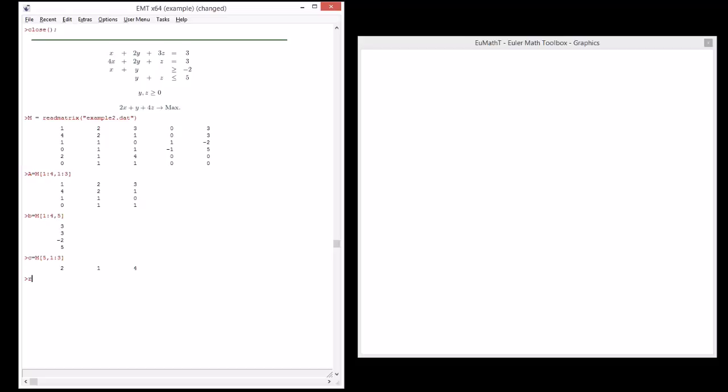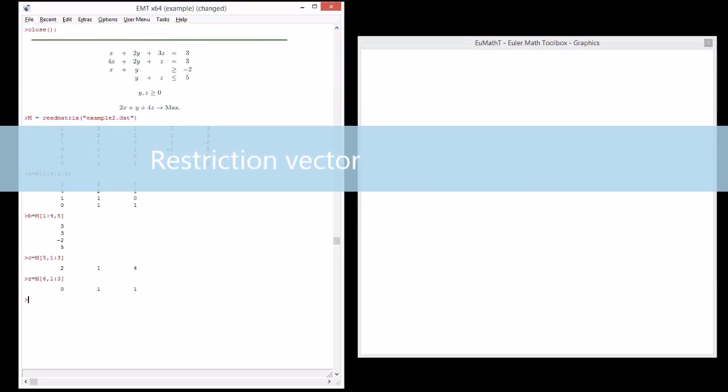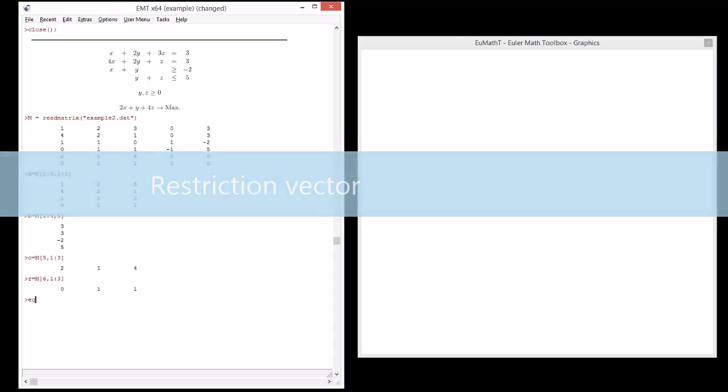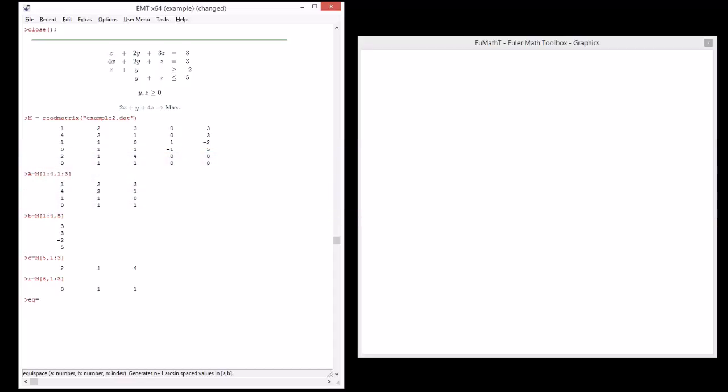The restriction function is the 6th row of M and the first 3 columns. The equation vector is in the 4th row and the first 4 columns.